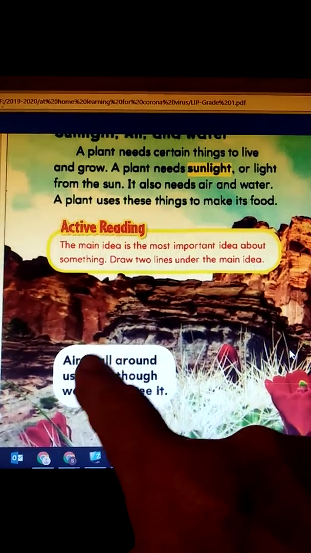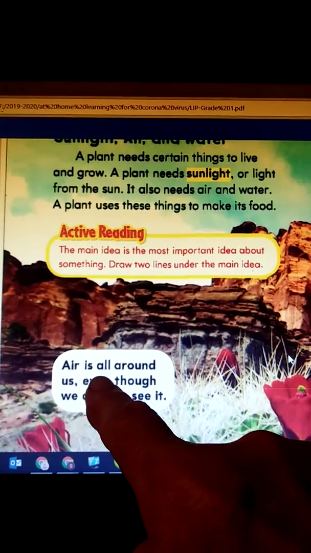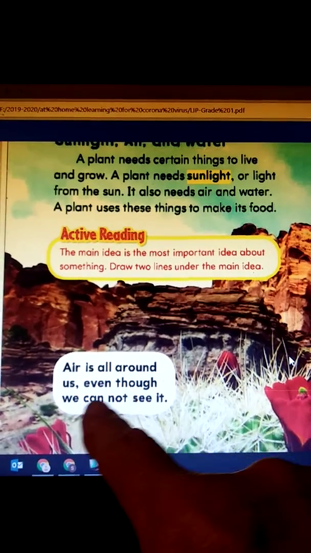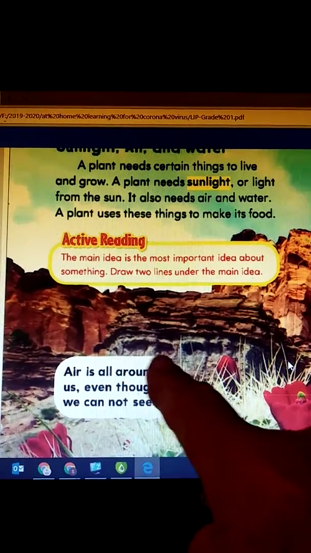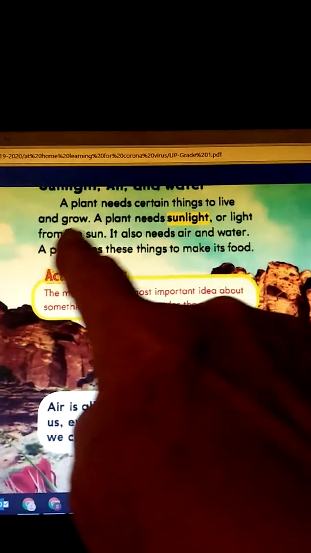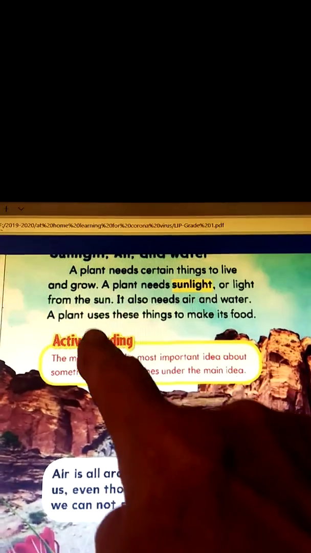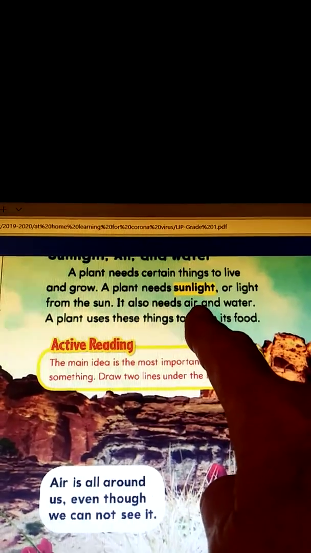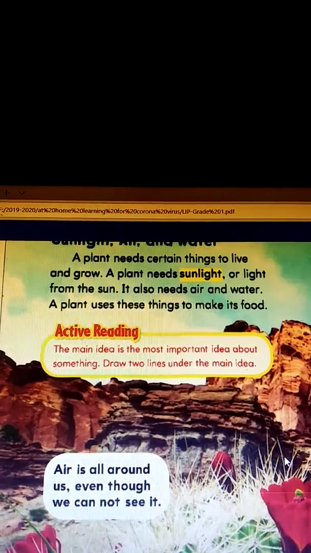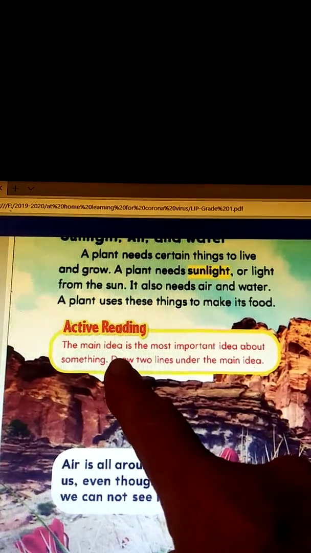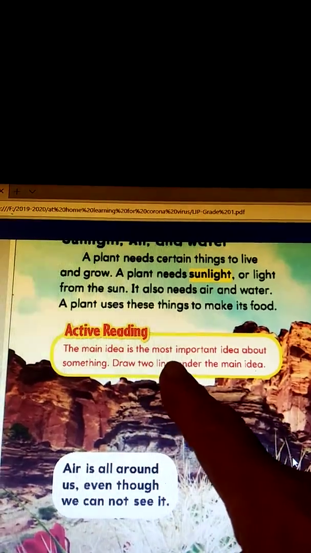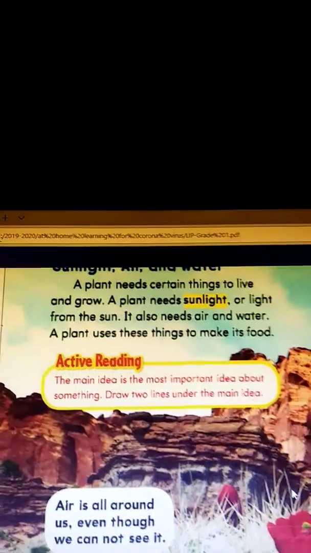Let's go ahead and read the caption. It says, air is all around us, even though we cannot see it. So this is telling us about air. But I wonder what this paragraph up here is telling us about. Well, we know one of the things is sunlight because that is in a highlighted word. Now remember, we're reading to find the main idea or the most important idea about something.